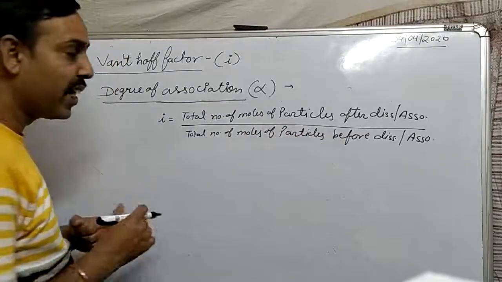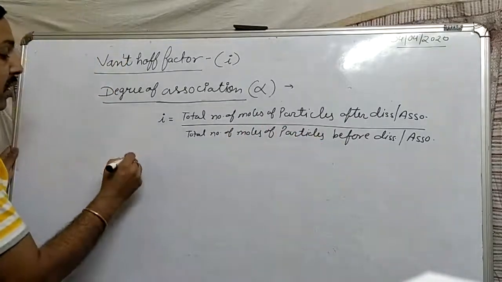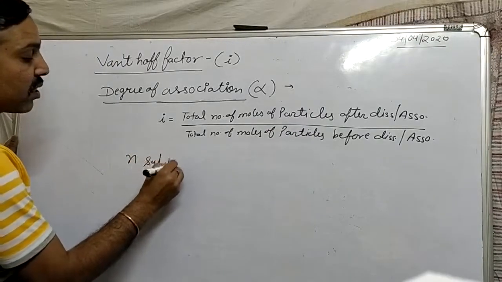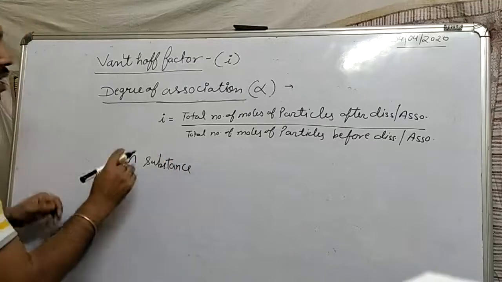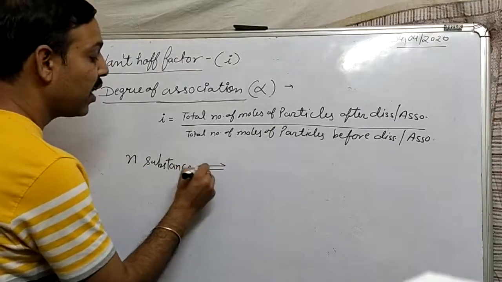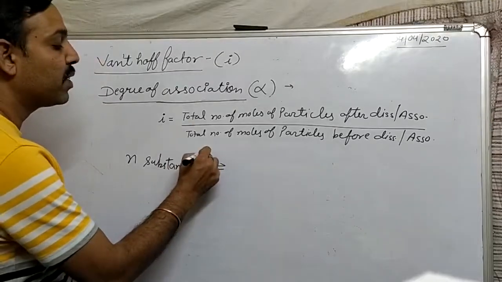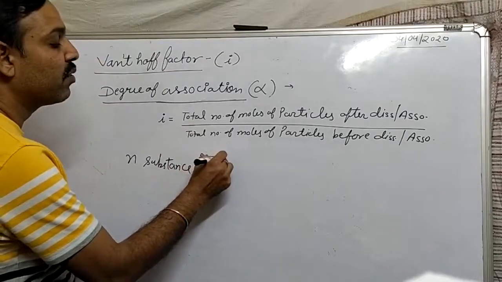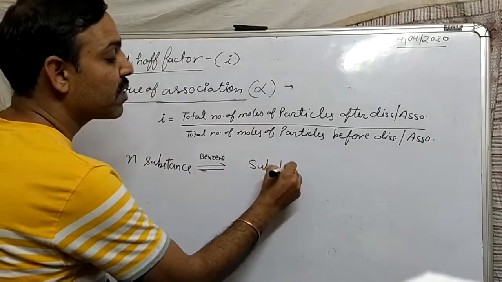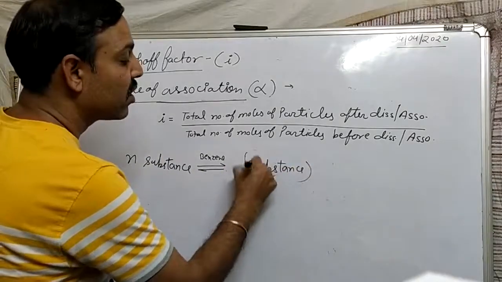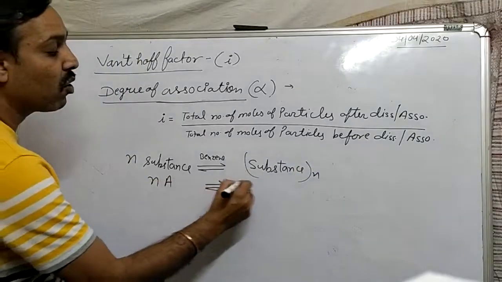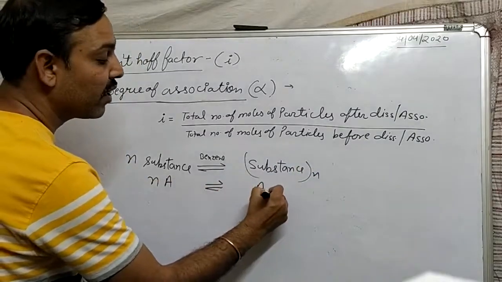So we take an example, n ionic substance है, n number है उसके number of moles. In organic solvent, means benzene, when it is mixed, it forms a dimer substance, means A forms An.